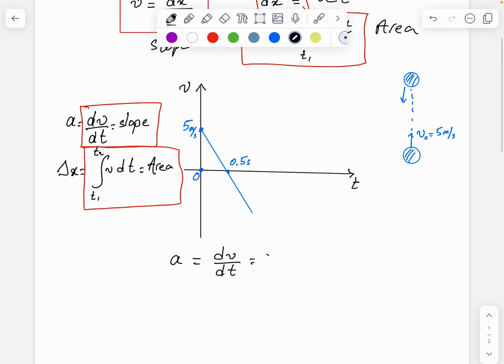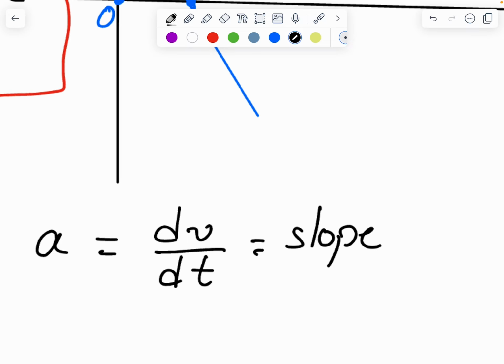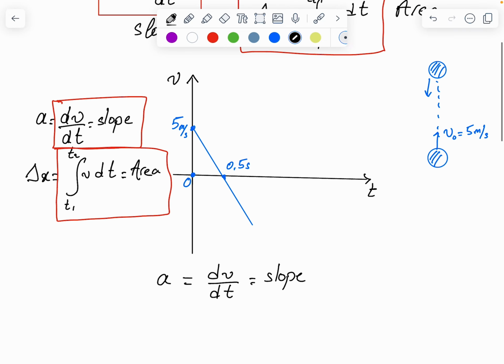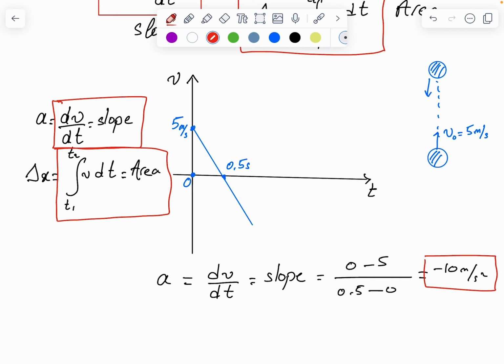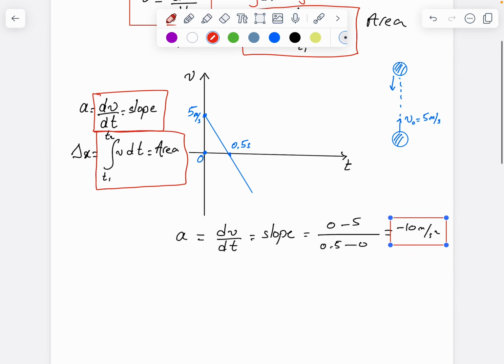So dv by dt means slope in the velocity versus time graph. Take 2 points, you will get 0 minus 5 over 0.5 minus 0, and the answer will be minus 10 meters per second squared, and that's the free fall acceleration, which we already know, minus g.